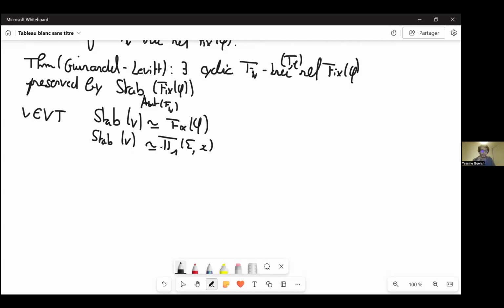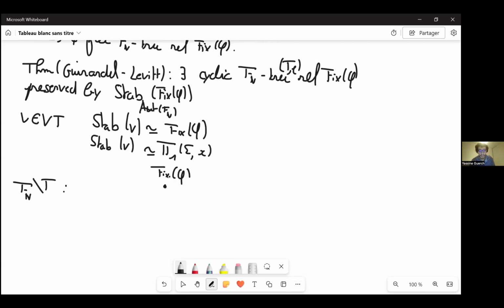So the picture that you need to have in mind is the following. The quotient of the tree by Fn will look just as follows. So we will have vertices whose vertex stabilizer will be isomorphic to Fix(phi), and all the other vertices will be isomorphic to the fundamental group of a surface.